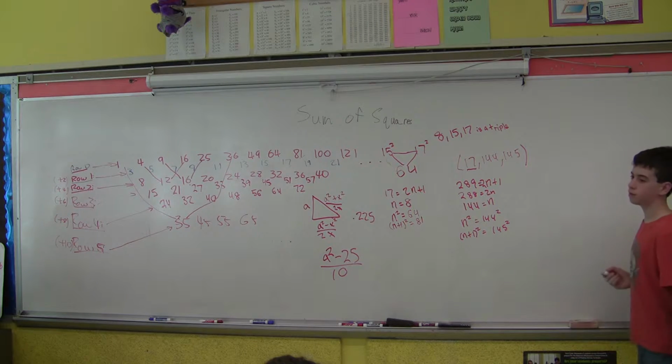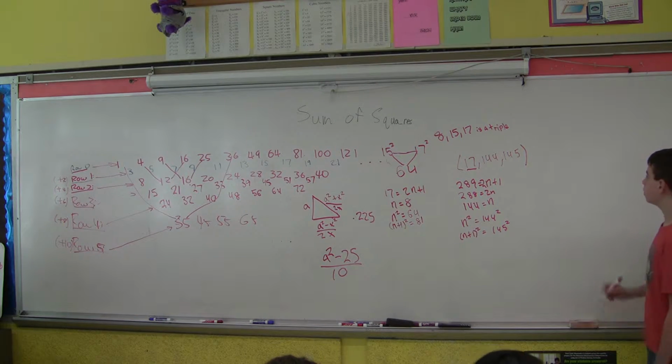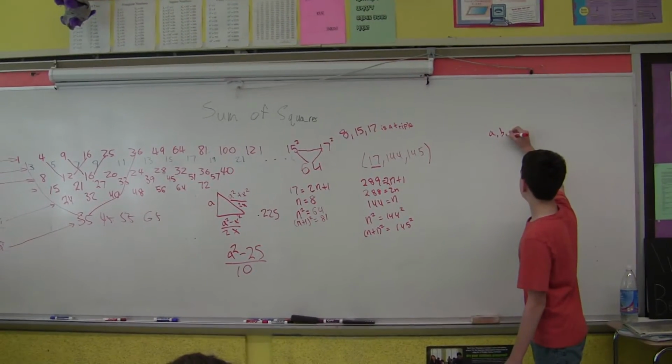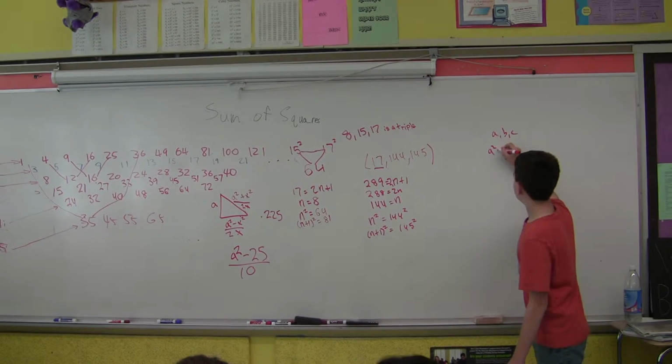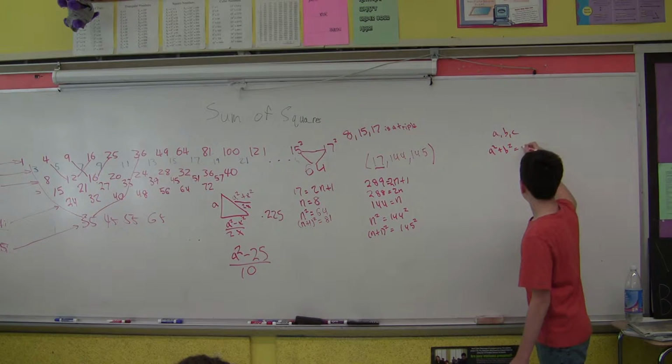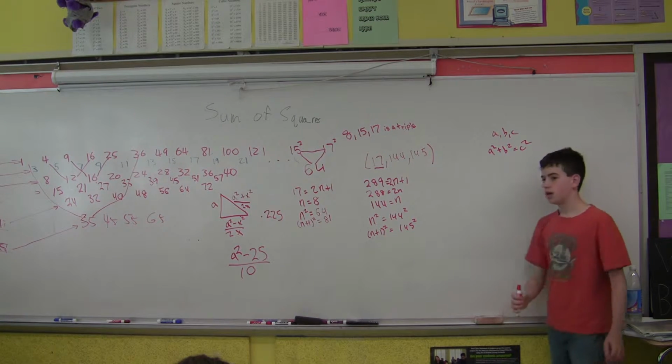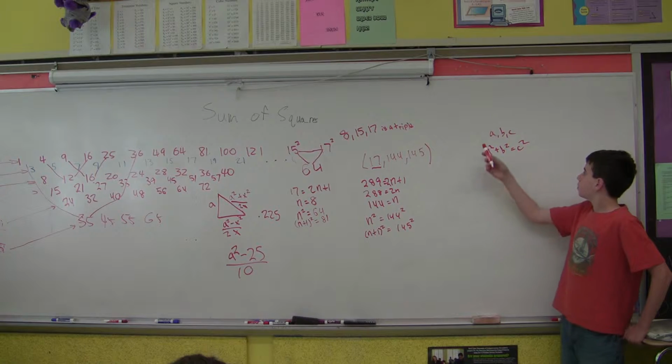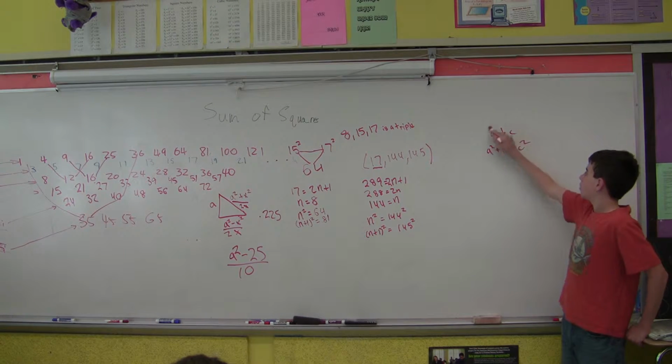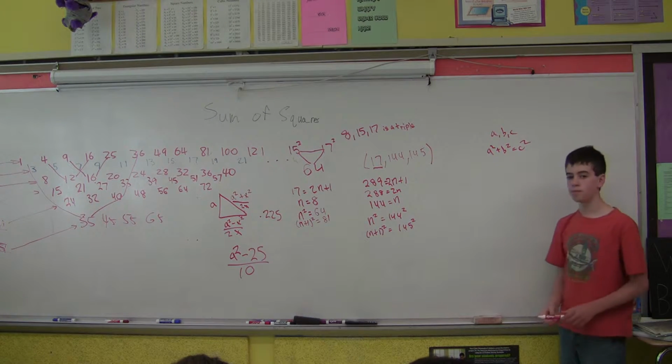So if we have any Pythagorean triple, like A, B, and C, we know A squared plus B squared equals C squared. And we only needed to find triples like this where these were all relatively prime.